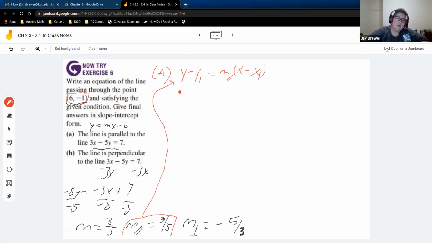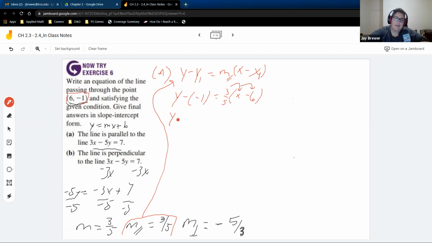Okay, so I might actually be able to get this all into one. So we'll have y minus a negative 1 equals 3/5 x minus 6. We're going to distribute and simplify.